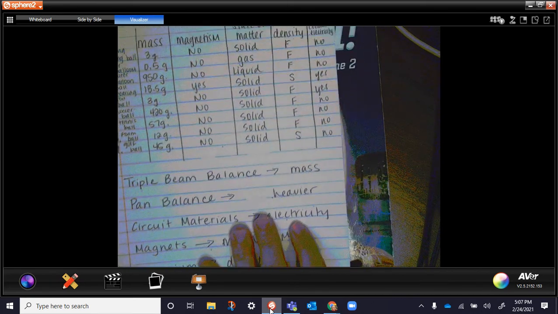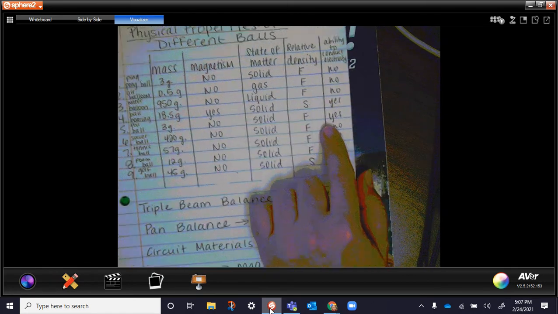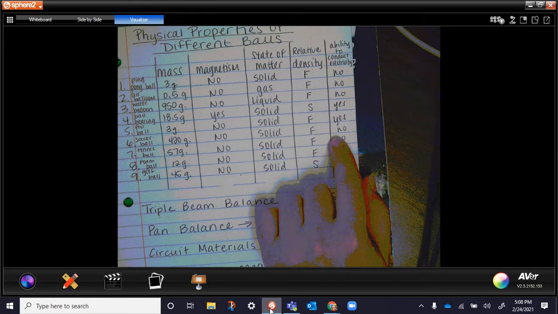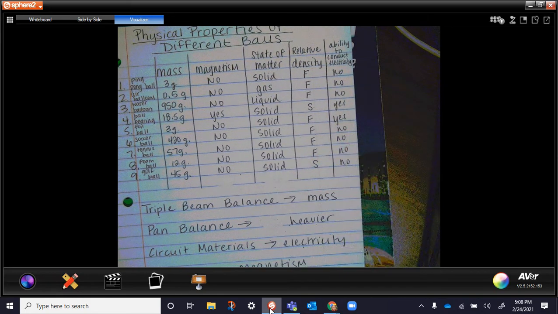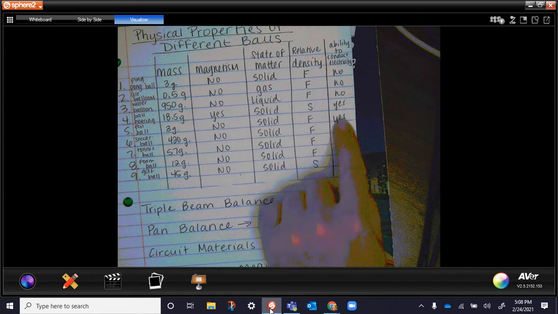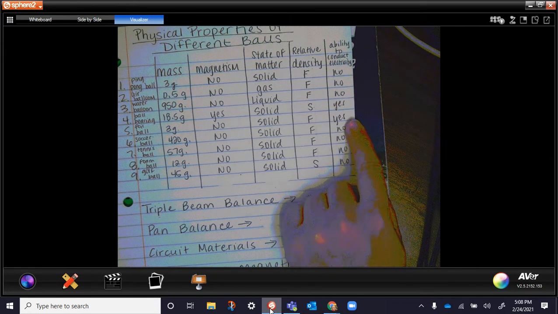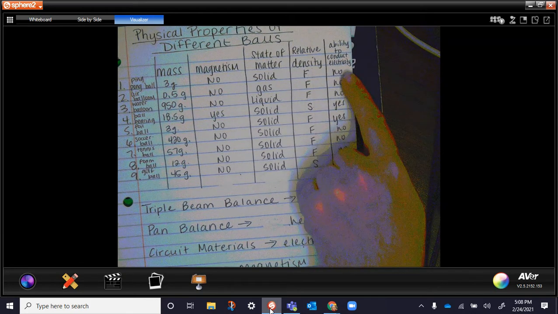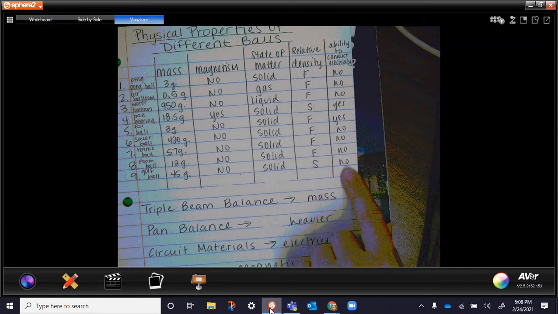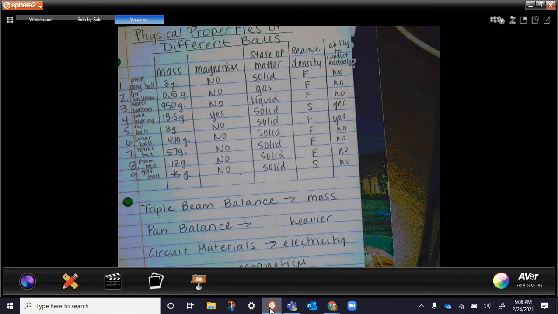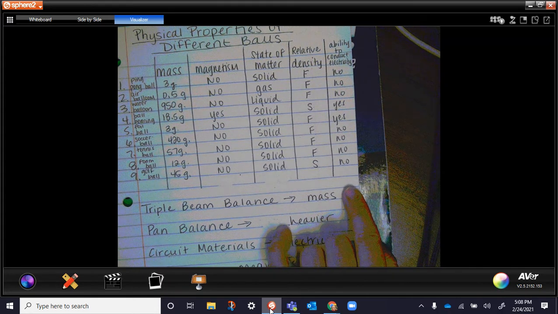The only ones that were able to do that were the ball bearing and the foil ball. We know that those are conductors because when we connect those, they make the light turn on, versus these other things like the plastic and the foam. Those we know are insulators, and those will not turn on the light bulb. So those don't have the ability to conduct electricity.